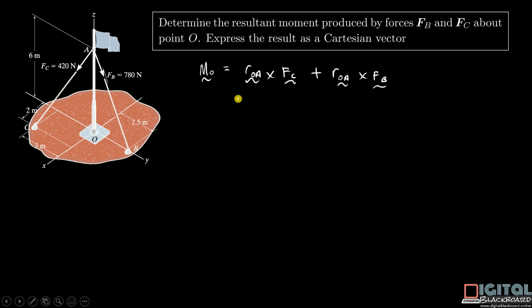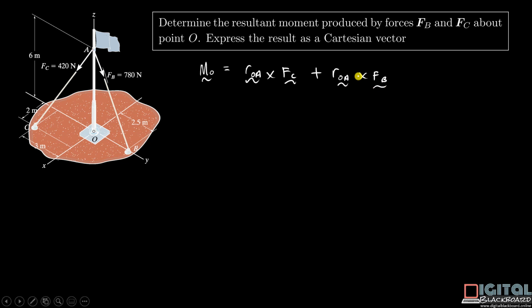So in other words, we can also compute the moment as r_OC cross F_C plus r_OB cross F_B. Both will give you the same answer. So for simplicity, we will just use the first formulation, where the moment arm r_OA is just pointing vertically up, so there's only one vertical component, and same thing for r_OA for force F_B.